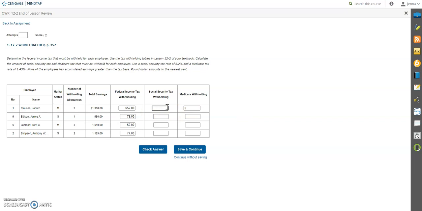Now I'm going to look at my Social Security tax. They do tell me my rate up here in the directions. My rate is 6.2% for that Social Security tax, so I'm going to take earnings times 6.2%. Okay, so I get 84.32.